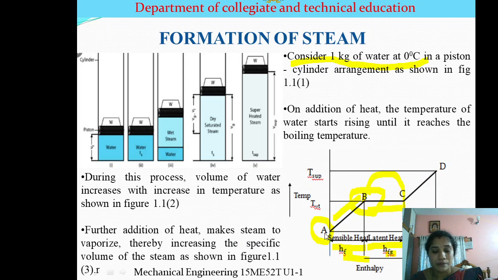So the process AB. The amount of heat during this process is called what? The sensible heat. Remember that? Sensible heat, which is represented as HF.